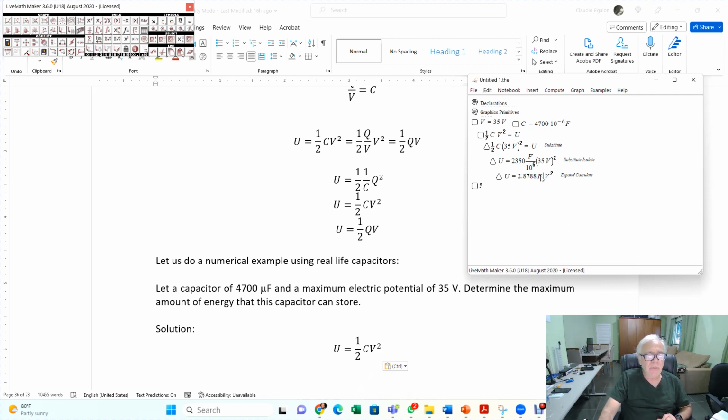Well, we didn't finish. Let's make sure about the unit of Farad. The unit of Farad is what? It is the unit of charge divided by the unit of voltage. This volts is also voltage, and don't forget the V. The V is what?